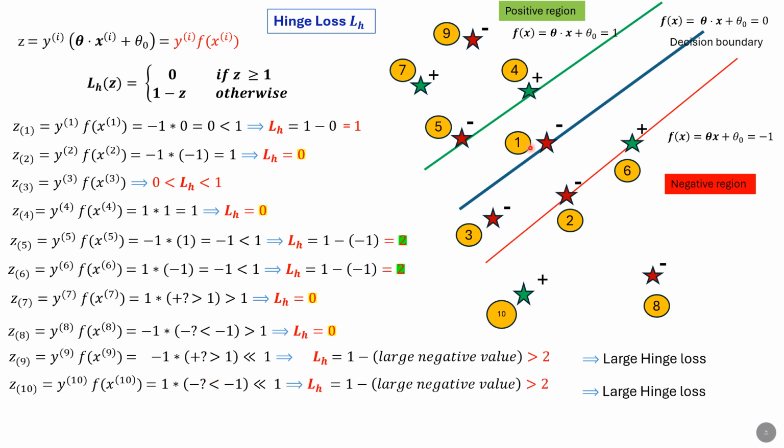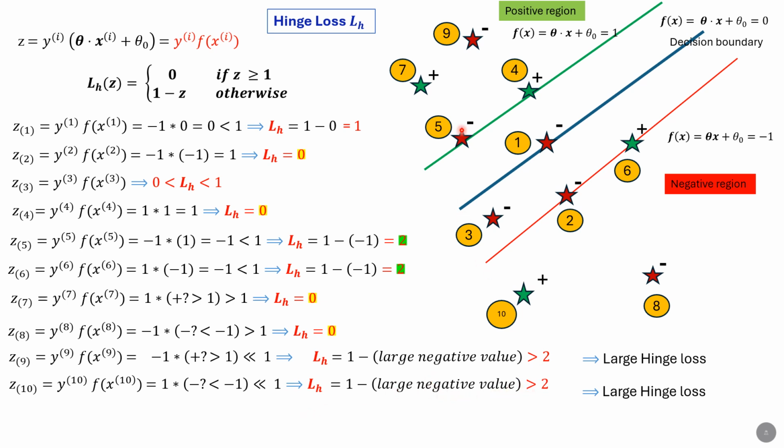So again, for the 9th one, the label is negative 1. Here the f of x value is very much greater than 1. Therefore, y times f of x is very much less than 1, a very negative value. Then hinge loss is 1 minus a large negative value, which is greater than 2. Here it is the same. It is again greater than 2.